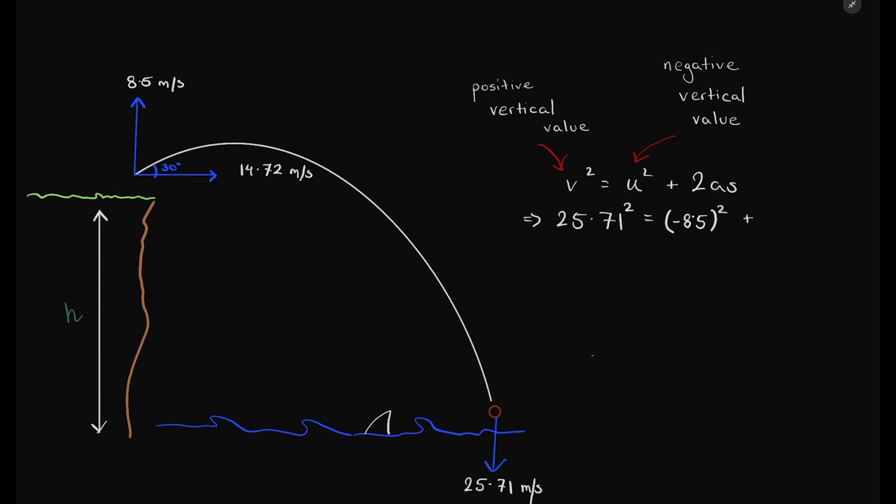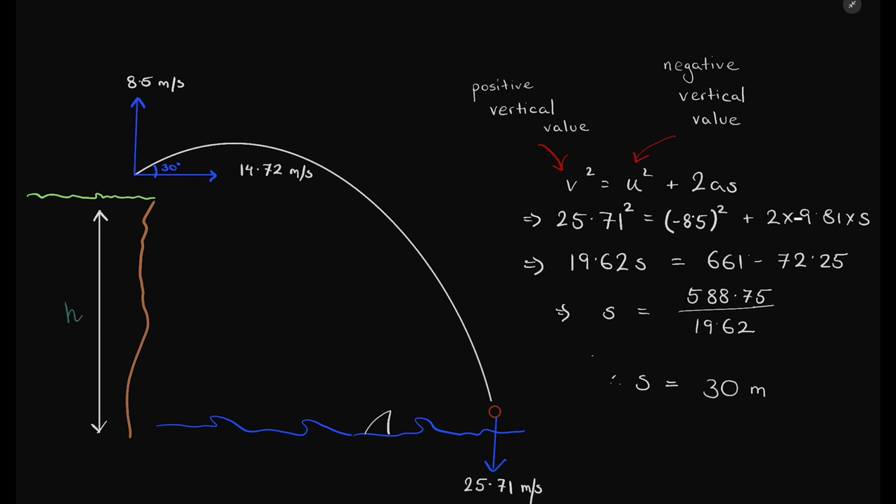Another thing I want to emphasize here is that when calculating a projectile motion that has the motion moving up and then down, we have to use negative acceleration. This is because moving up, the acceleration due to gravity is negative, and moving down, it is positive. So positive multiplied by negative would give negative. Here you can see the answer turns out to be 30, which we know is correct from our previous maths.